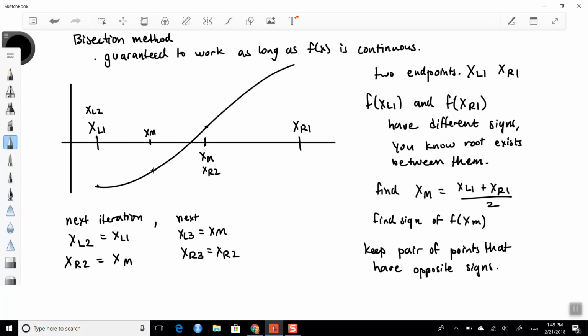And then you just continue, and you just keep finding the midpoint and keeping the pair of endpoints so that the function at those endpoints has opposite signs.